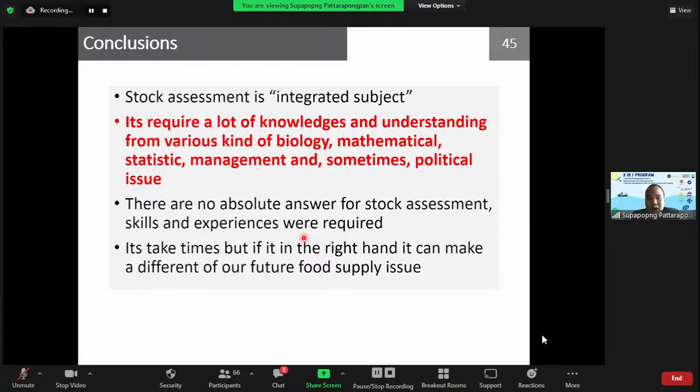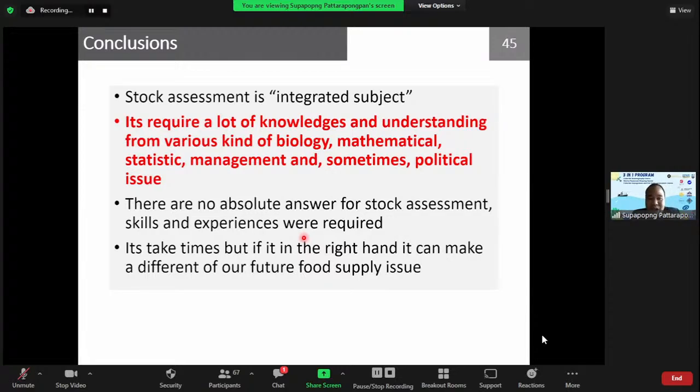You should try to have more knowledge in other fields like biological, sometimes economic, or even socio-ecological and economic aspects of the fishing communities themselves, to make good decisions on which fish stock you should continue to study and which kind of management you should propose to the policymaker.